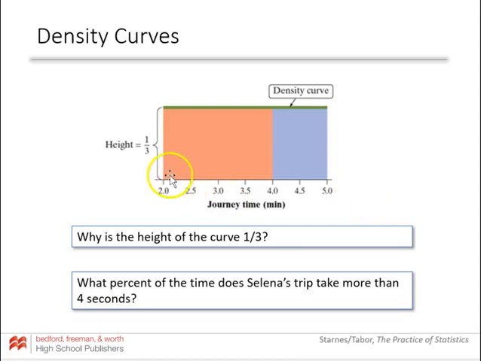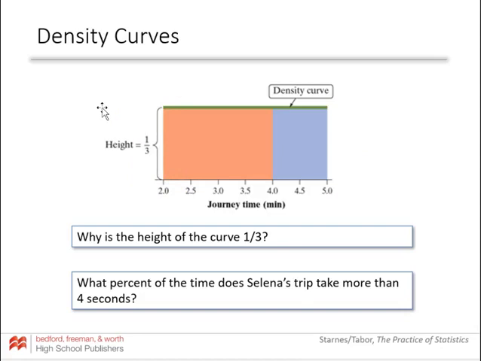If I want the area of this rectangle to equal 1, the area of a rectangle is width times height. If the width is 3 and I need the answer to be 1, then the height has to be 1/3. So we always assign the density curve a height so that the area underneath the curve is equal to 1.